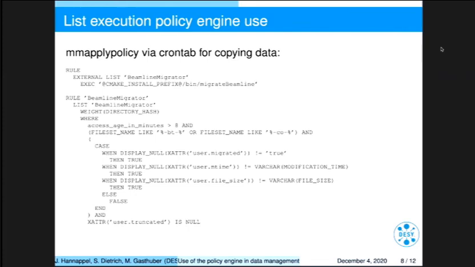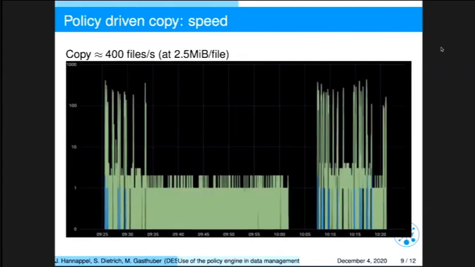On the next slide, we can see what we achieve with this. This is the number of files transferred per second when such a policy run is executed. And there is a lot of data to transfer. We can see that we easily go up to 400 files per second with 2.5 megabyte files, which are transferred in 1 second.